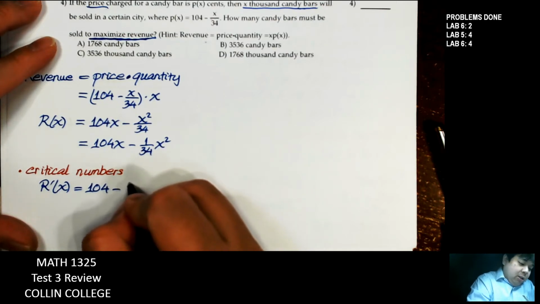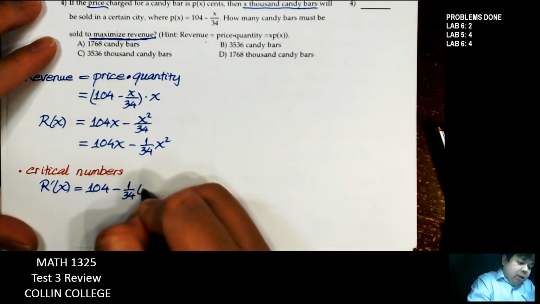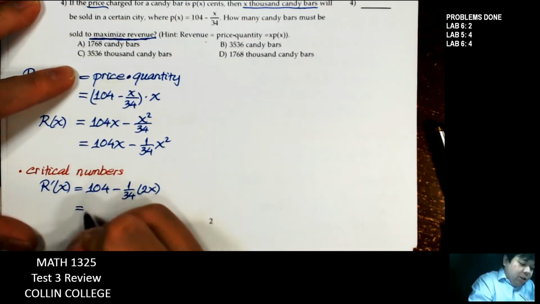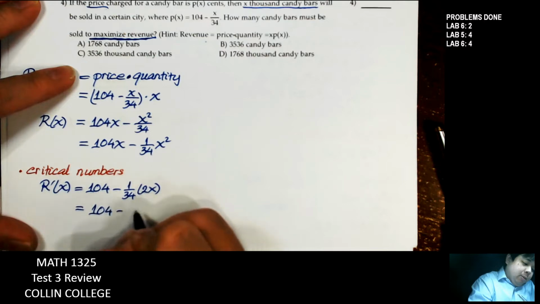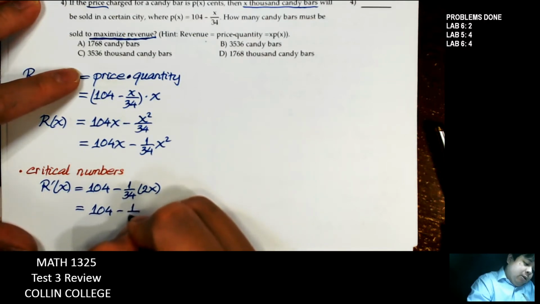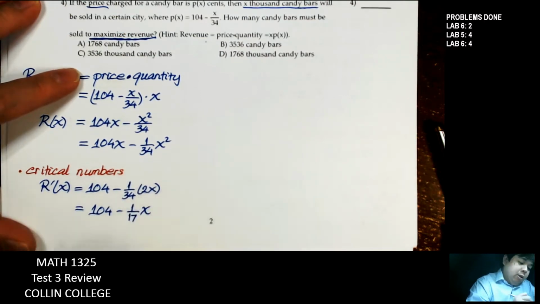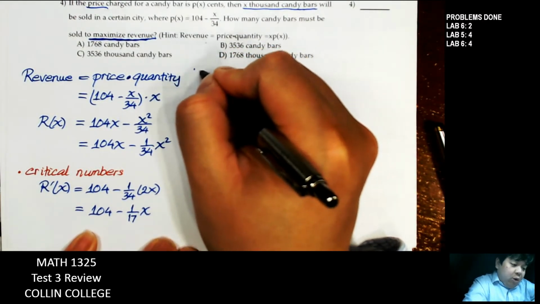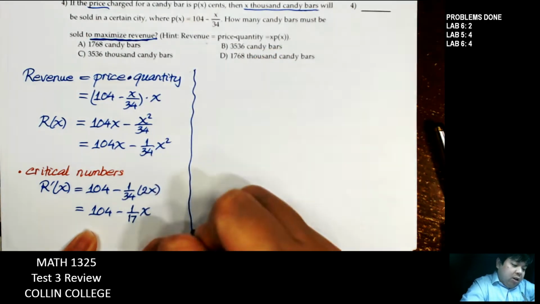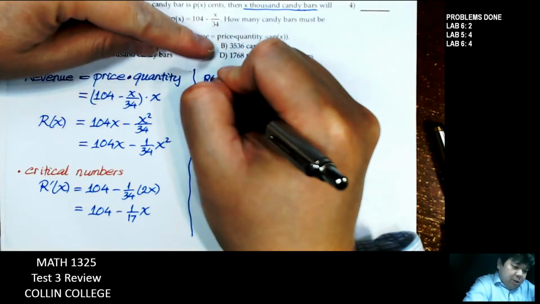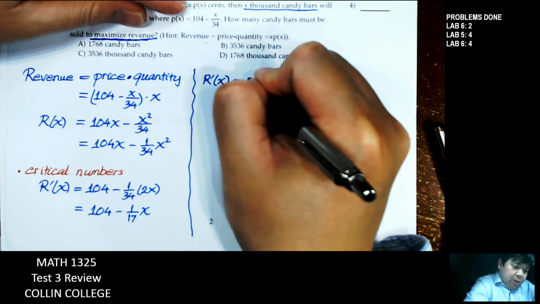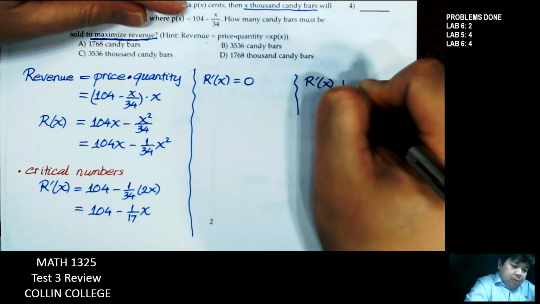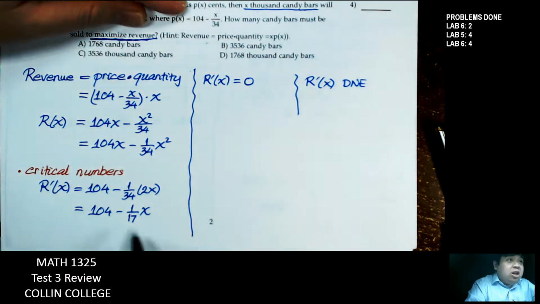Anyway, so we check the derivative. It will be 104 minus, that will be just 2x over 34, which is x over 17 once we cancel out. Next, we will let the derivative equal 0 and also check where it does not exist.